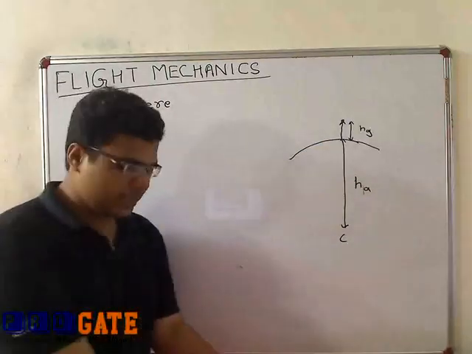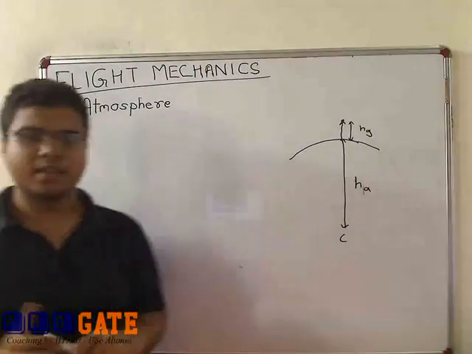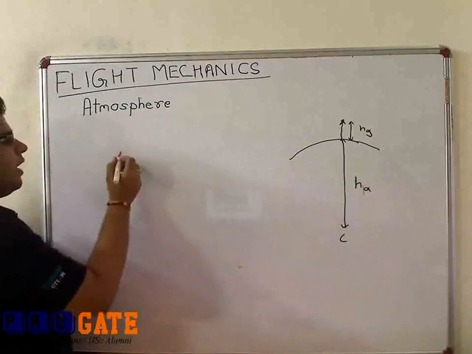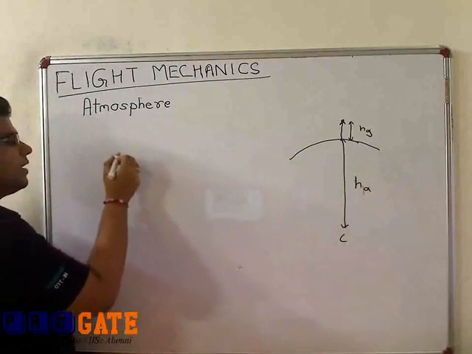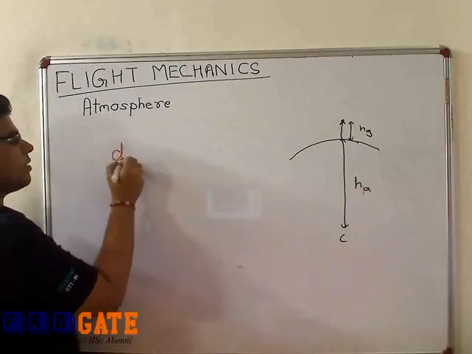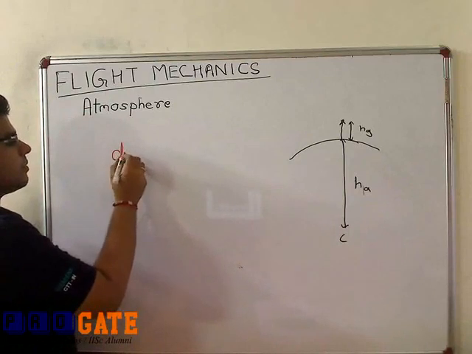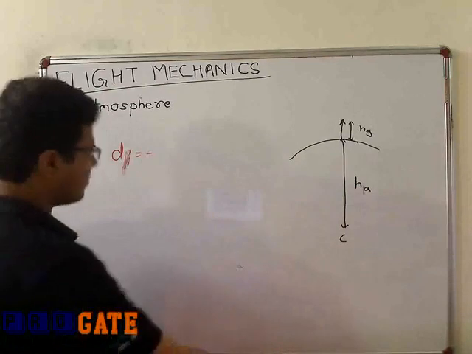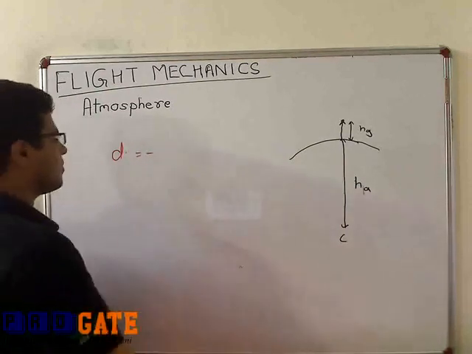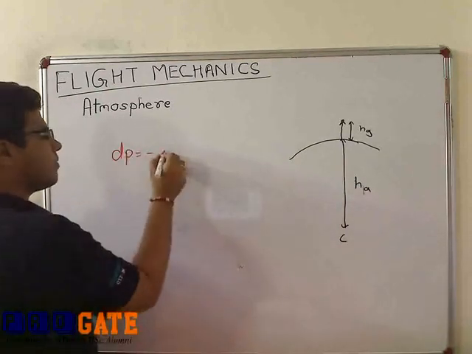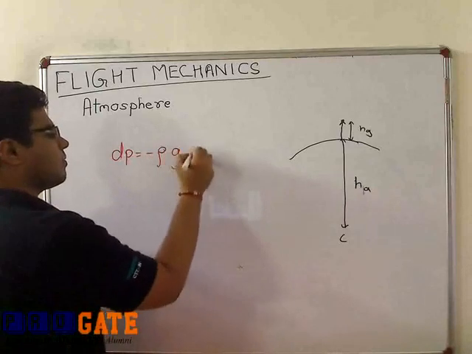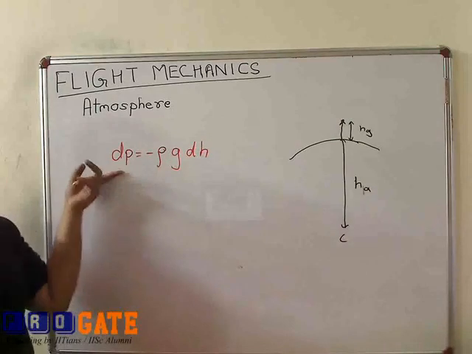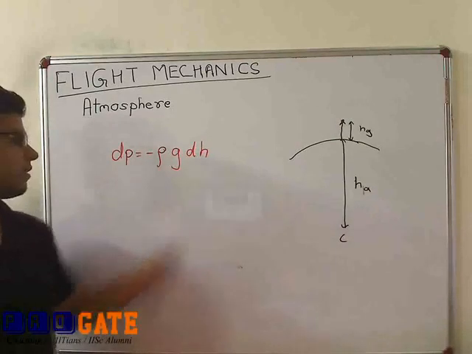Hydrostatic pressure has this property where, as the height increases, the pressure drops by an amount described by this equation.